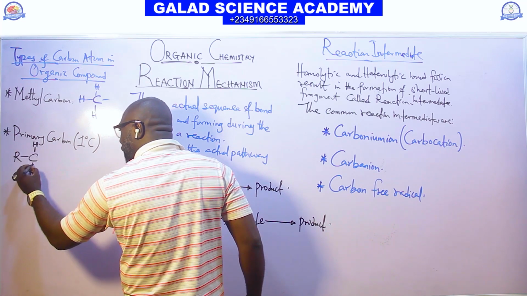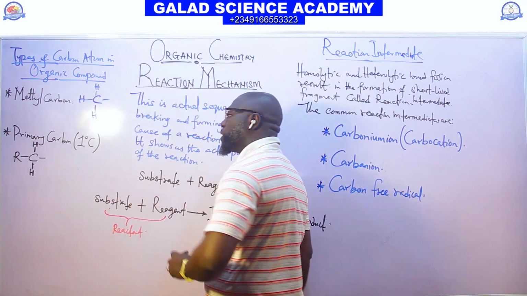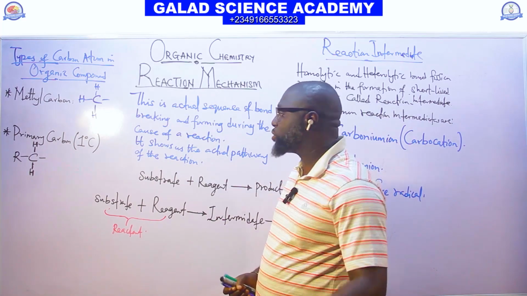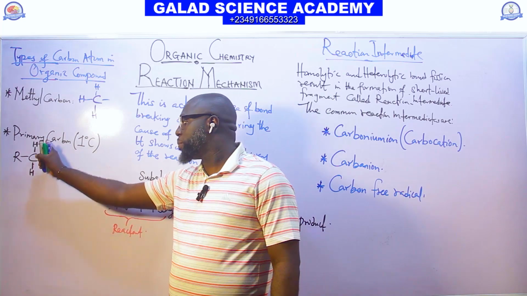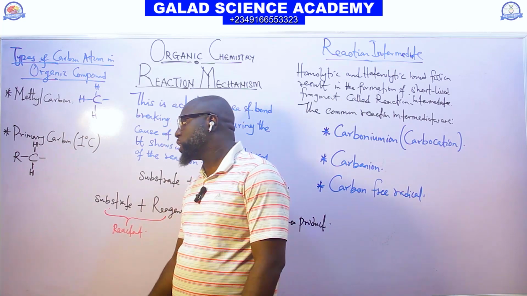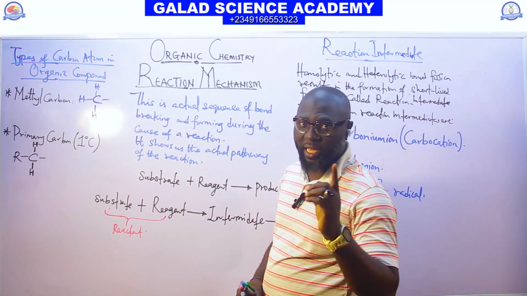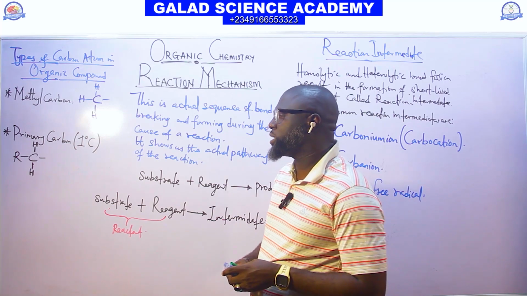These two hydrogens are replaceable. Any carbon that has one alkyl group and two replaceable hydrogen atoms, we call it primary carbon.